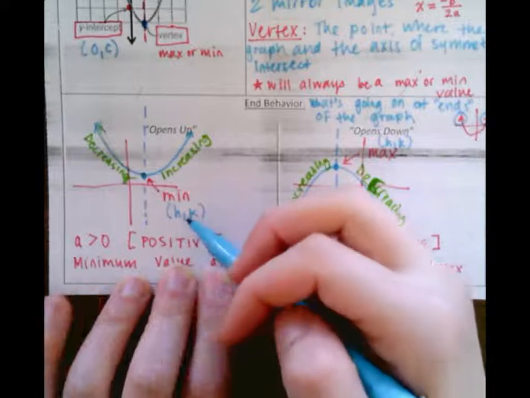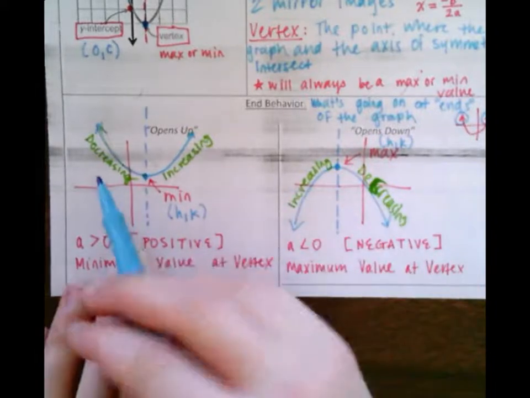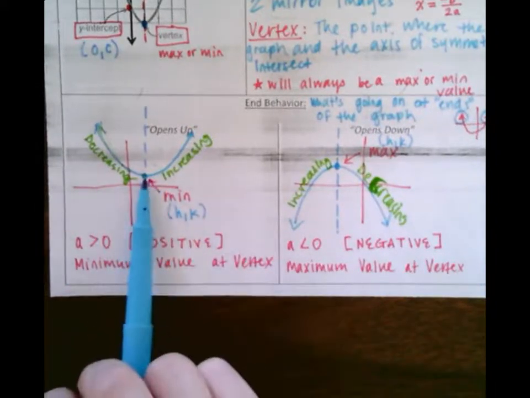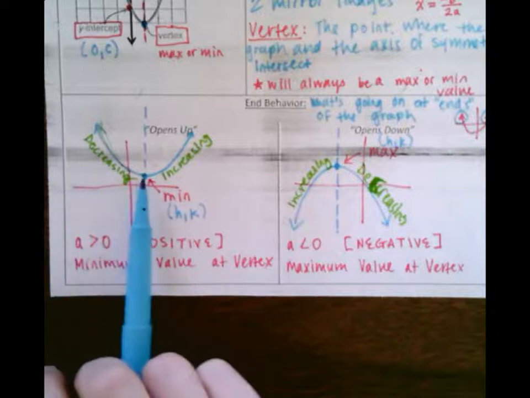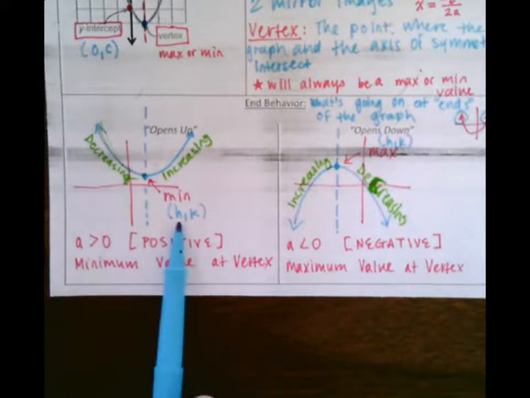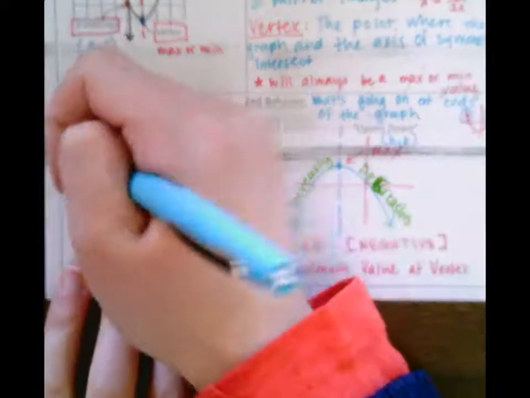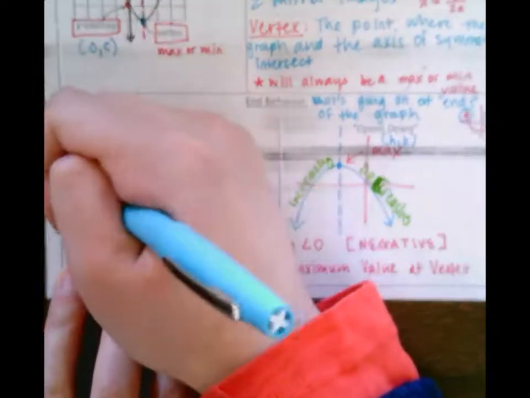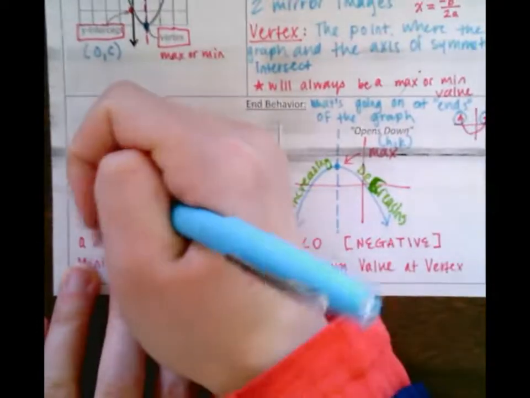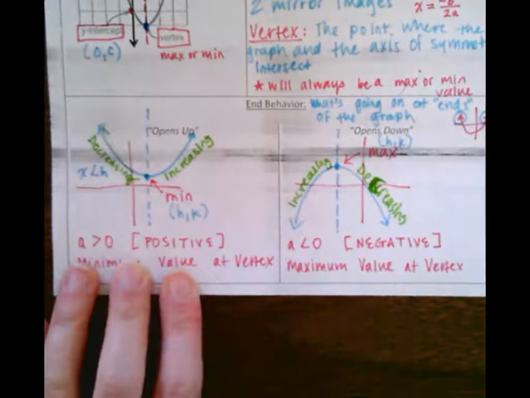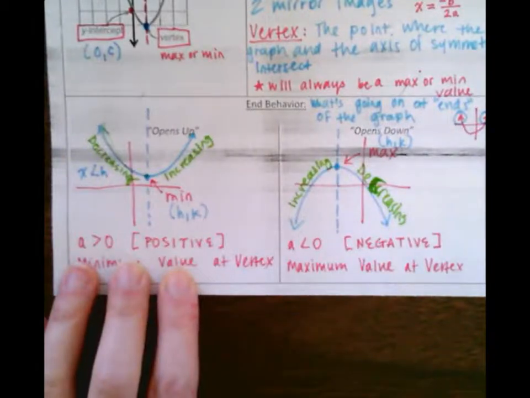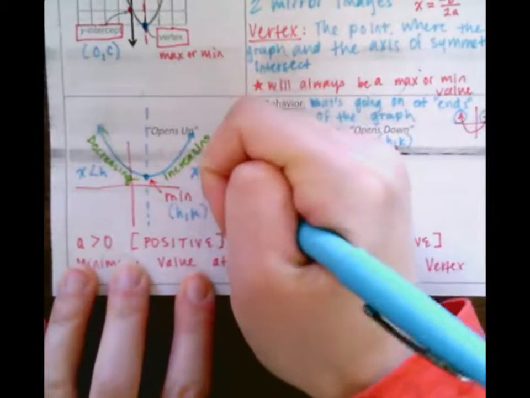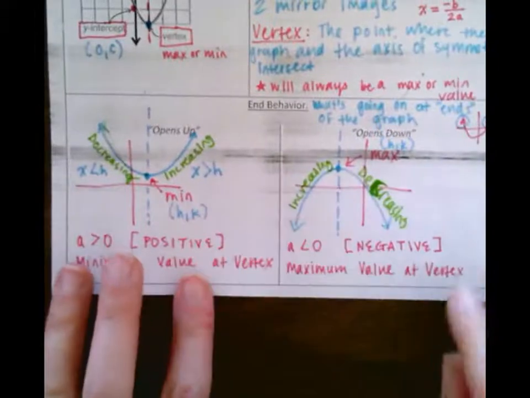Then we would say this graph is decreasing for x values less than my vertex x value, right? So everything to the left would be x values less than the x value of H. So you would say we know our function is decreasing when x is less than H, where H is the x value of the vertex, and then it's increasing when x is greater than H.